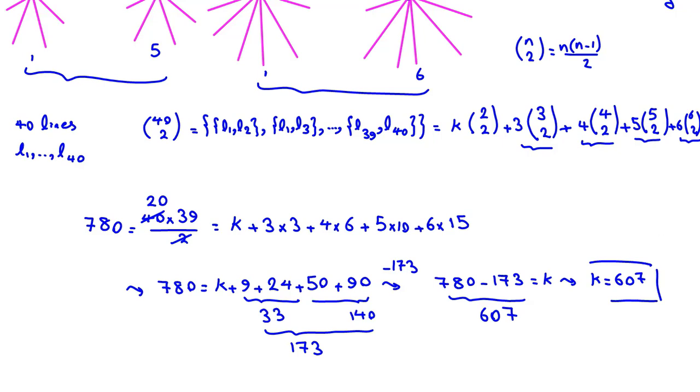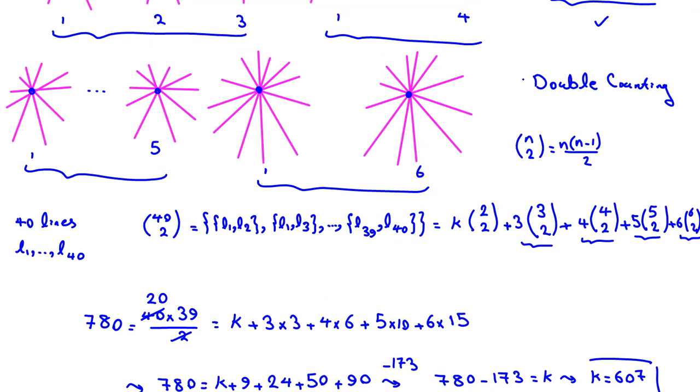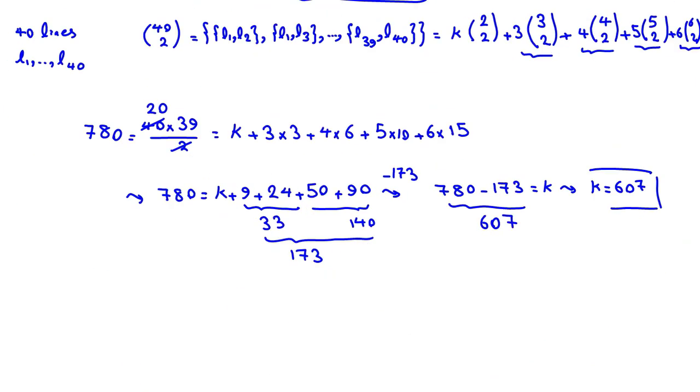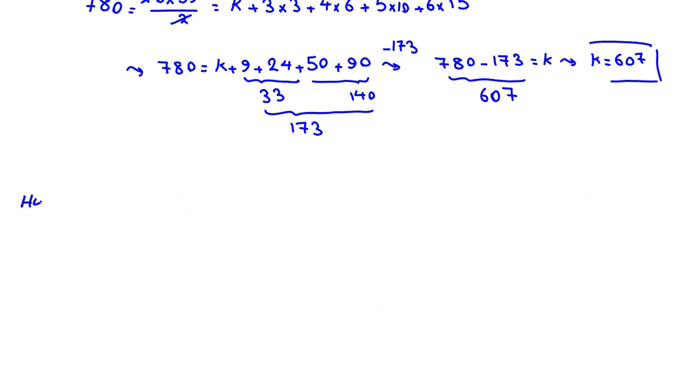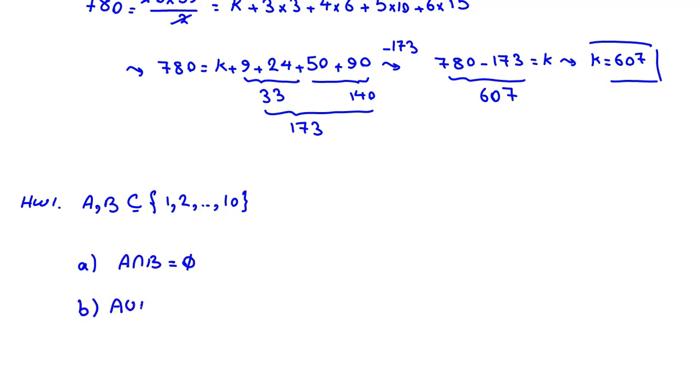And the answer is this, but let me tell you some problems for improving your double counting. The first problem, homework number 1, is: suppose A and B are subsets of, for example, 1 to 10. Then in part A, how many A and B are there such that A intersect B is the null set? How many A and B are there such that A union B is 1 to 10?